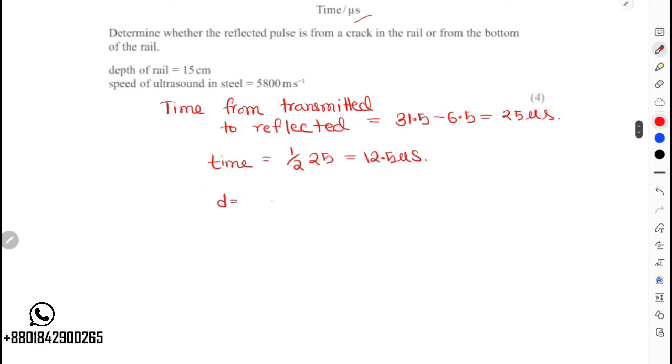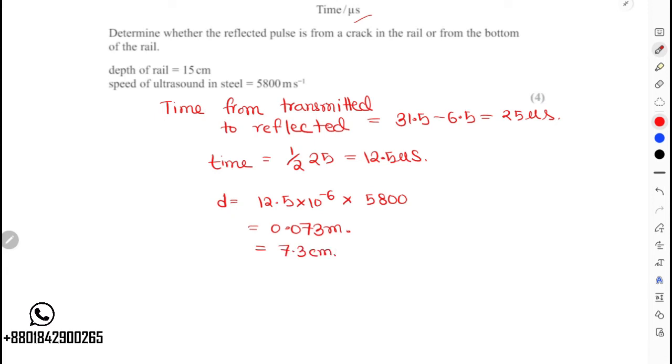Using this time and velocity, you can find the distance, right? So distance is 12.5 times 10 to the power of minus 6 times 5800, that is 0.0725 meter, approximately 0.073 meter. If you multiply this by 100, this is 7.3 centimeters.